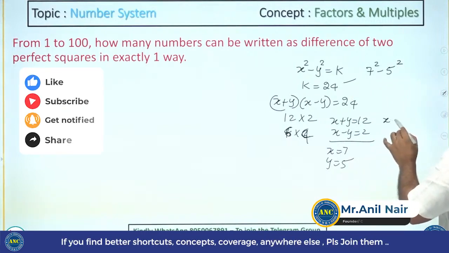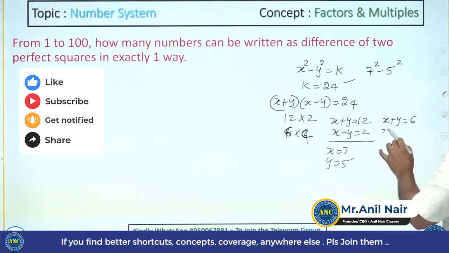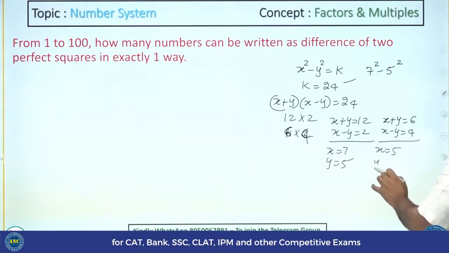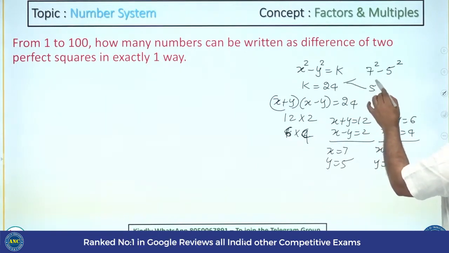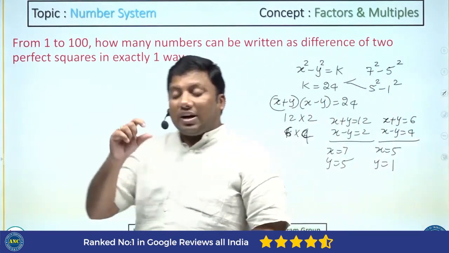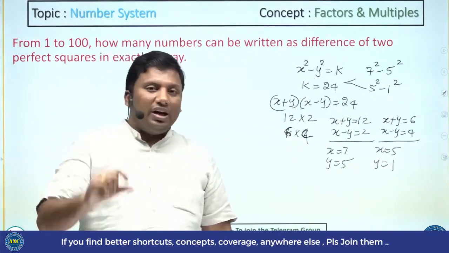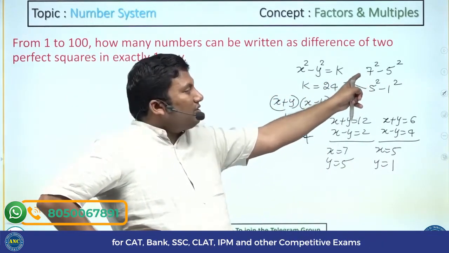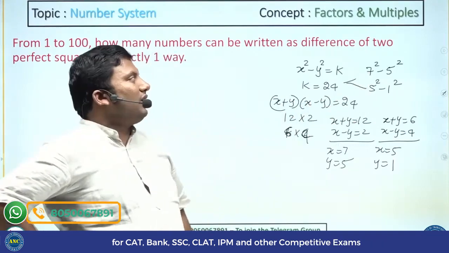If x plus y is 6 and x minus y is 4, x is 5, y is 1, so it can be written as 5 square minus 1 square. That means if I take 24 on the right hand side, I am getting two cases: 7 square minus 5 square and 5 square minus 1 square.